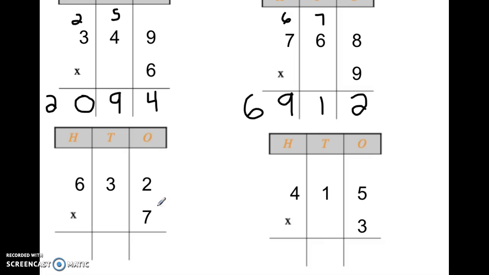All right, so let's see how you did. 7 times 2 is 14. So we put the 4 here. The 1 goes above the tens. 7 times 3 is 21. Plus 1 is 22.